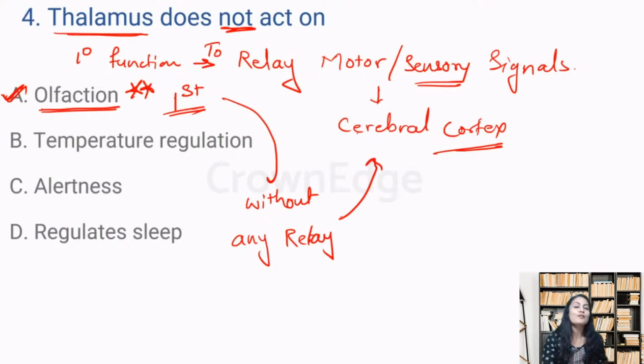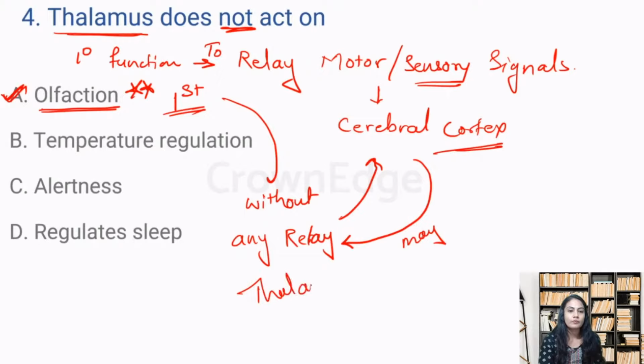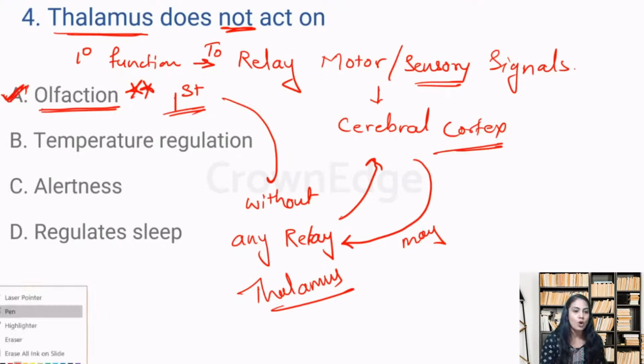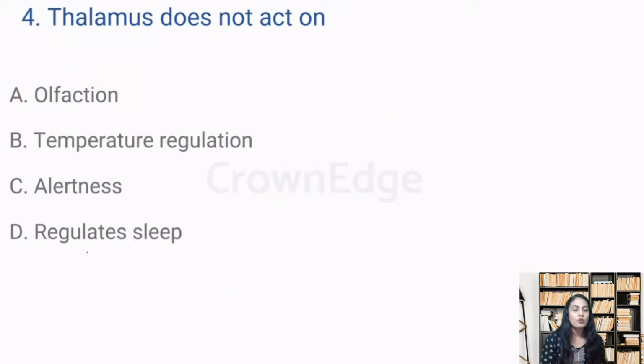Once my brain knows that yes, that is that smell, later on from the cortex it may go to the thalamus, but the thalamus is not directly related to it. The information is already processed, it is already in my brain. So the answer over here becomes olfaction, right? So the option is A, we know that.